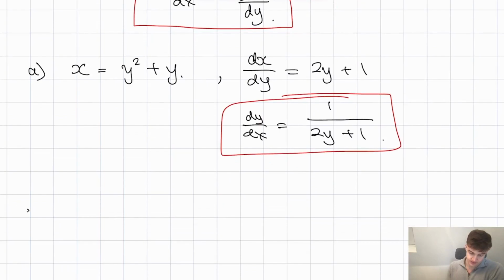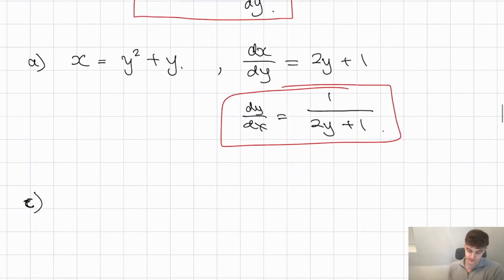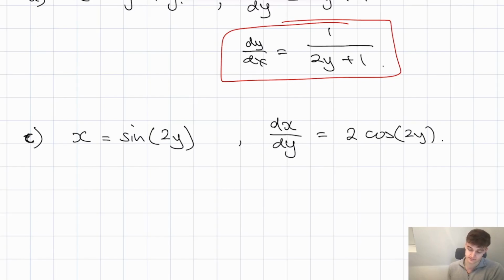I'll do part C. So question C, x is equal to the sine of 2y. They're not very long, these, are they? I probably could just do all of them, but I'll let you try the other ones. So x is sine of 2y. That's going to give us dx by dy is equal to 2 cos of 2y.